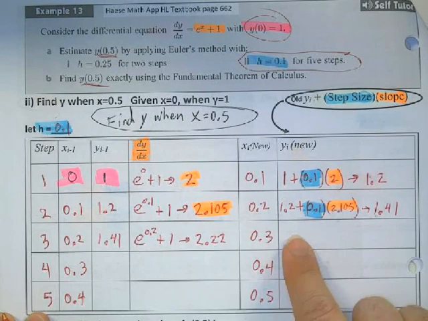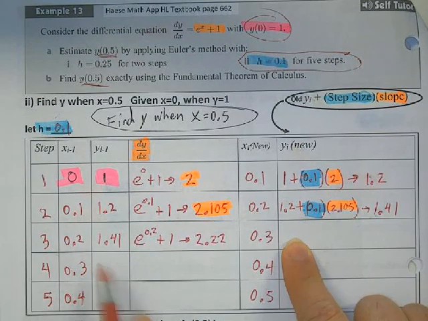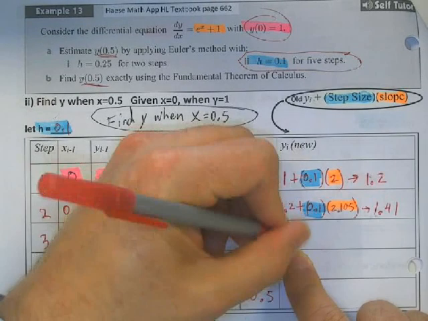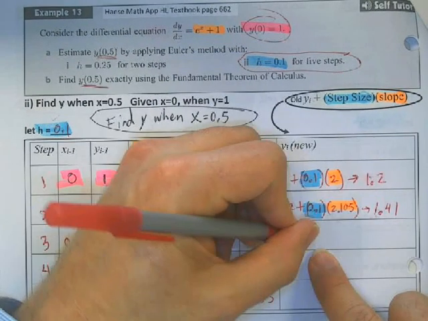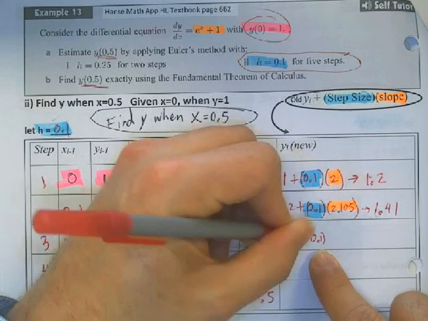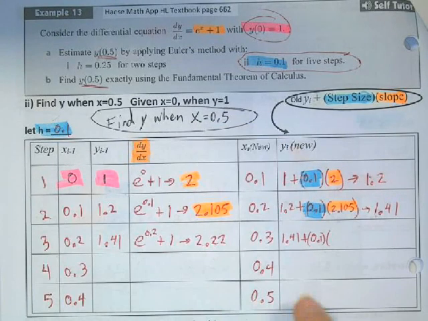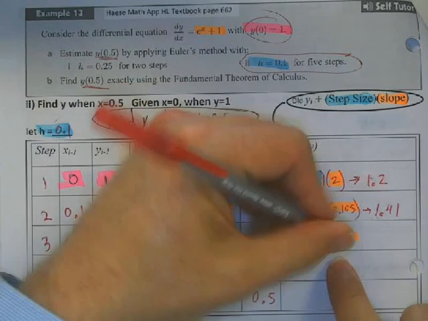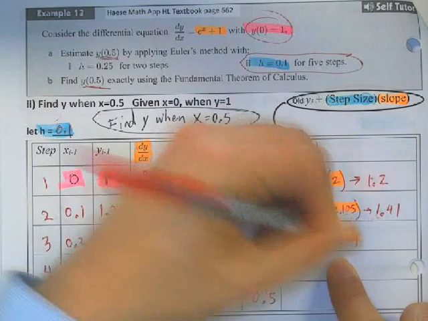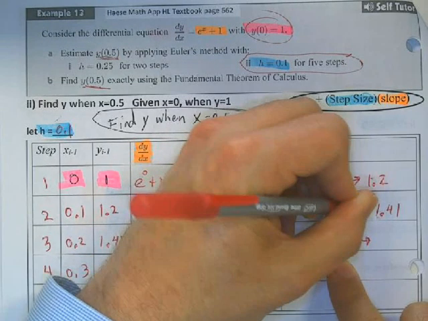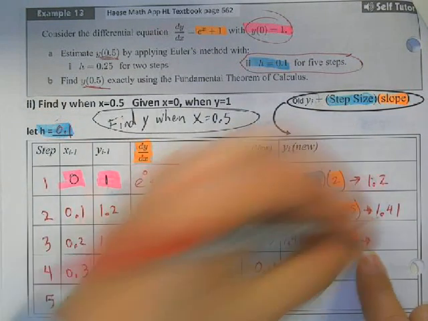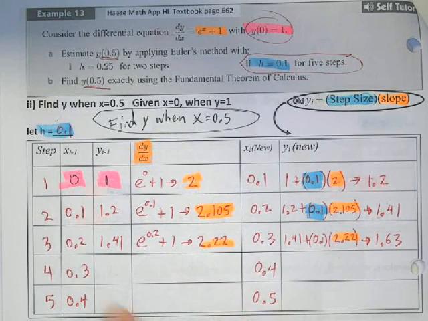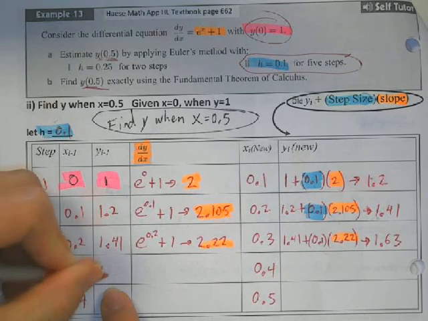Now the new y value is the old y value of 1.41 plus the step size, which is 0.1, times my new slope, 2.22, and that gives me a value of 1.63. Now I write that new value here, 1.63.